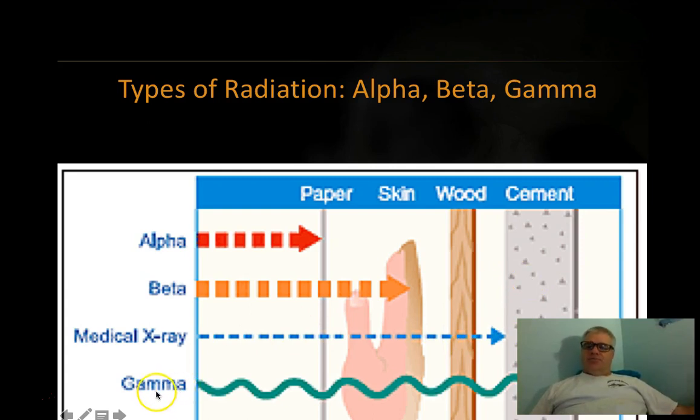Gamma radiation is another kind of radiation produced by nuclear contaminants and also from nuclear weapons. And these are very high energy, very highly penetrating forms of radiation. Gamma will go through a piece of paper, it'll go through your whole body, it'll go through a bunch of wood, it'll even go through almost 6 feet of concrete or cement.